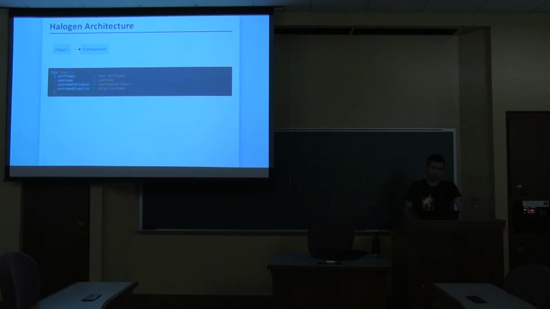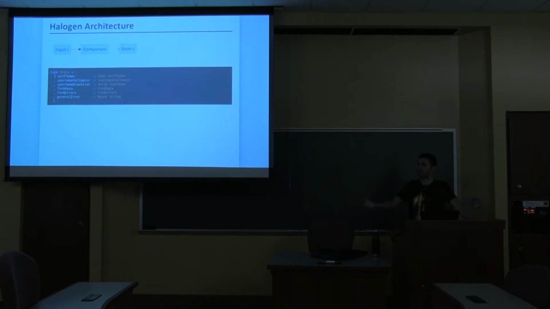Since each component has its own state, we can take that input and build our own internal state. So our state now includes the XSRF token, that username validator, and a couple other things relevant to that component. In this case, it's just some form data and some errors related to that form. And a general error is just something we need, for when something broke. Where do we show that?